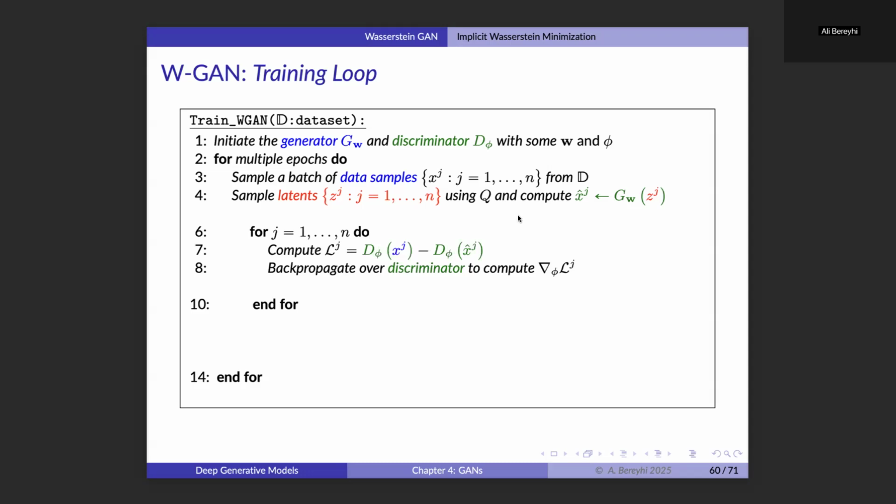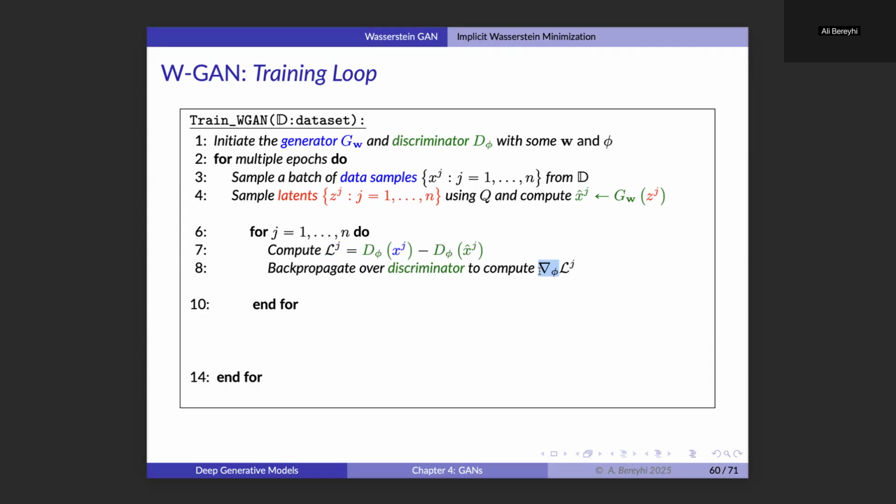Now that we have the model samples, we're going to compute the output of the discriminator with respect to the data sample and model sample. This is going to be one sample loss, right? And now we can do it for all the samples inside the batch. And when we are doing it, each time we're going to just compute the gradient for the discriminator, right?